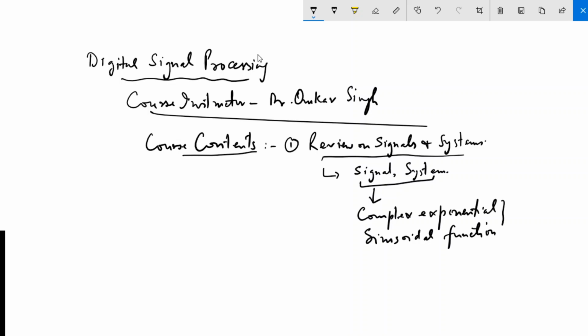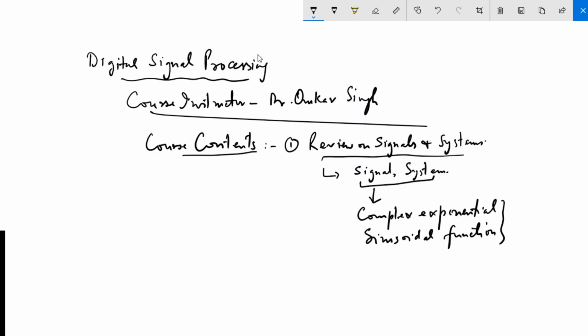Okay, we will study both these signals in continuous time as well as in discrete time, because these signals are very important as they are the building blocks from which any other signal can be generated.